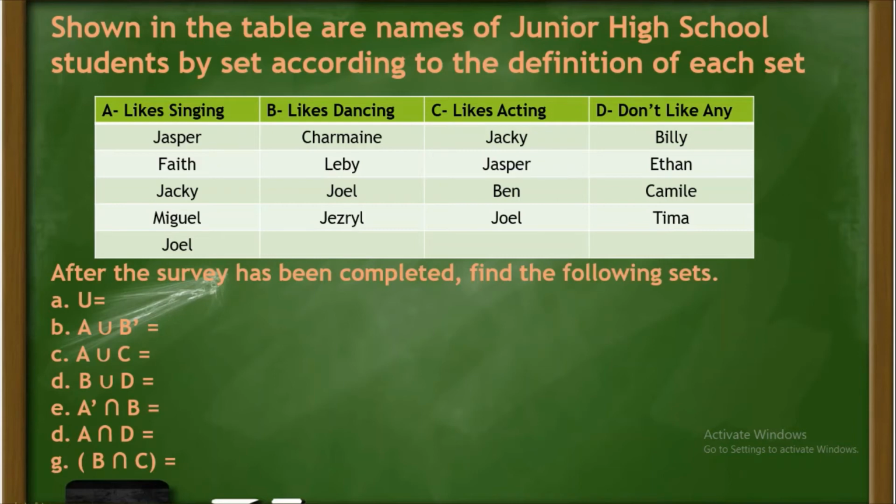So, for this problem, we can use yung una nating natutunan. You're going to write all those elements. But for this video, we're going to apply the Venn diagram. Okay, we have here the Venn diagram.